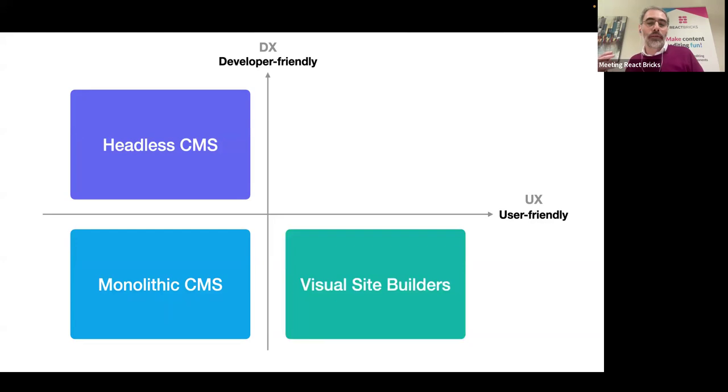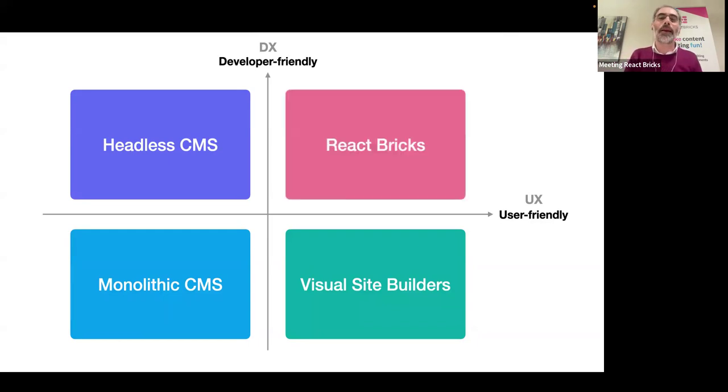On the other hand, we have the visual site builders like Wix or Webflow, which have a great interface for the content editors, but they are not flexible for developers. You cannot create custom code to talk with external data sources, etc. With React Bricks, we want to achieve the power that you have with the headless CMS, but with the ease of use of a visual site builder.